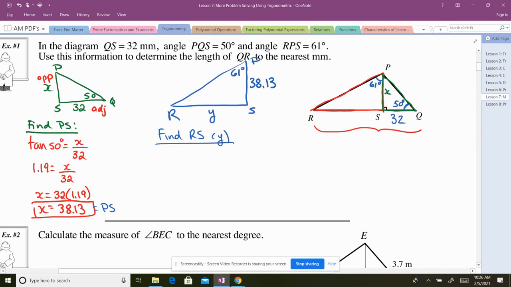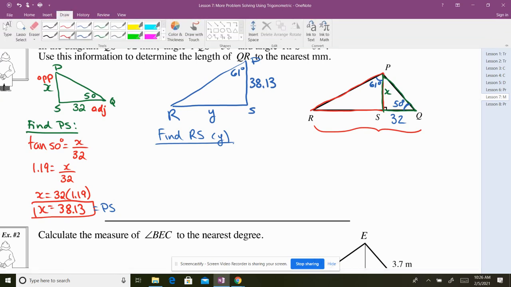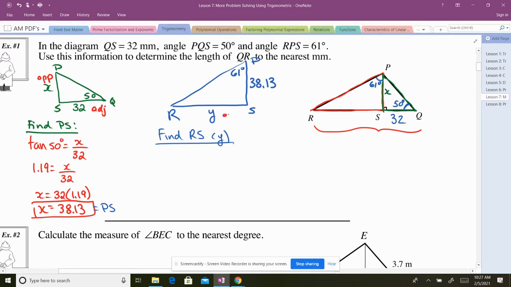First step, label. We're using a lot of tans here, aren't we? So it's tan 61 is equal to Y over 38.13.